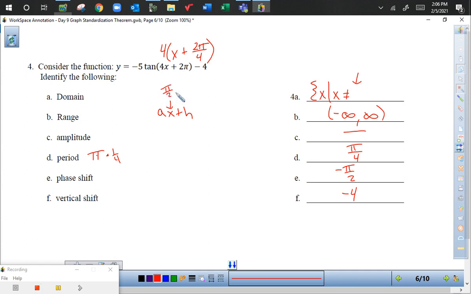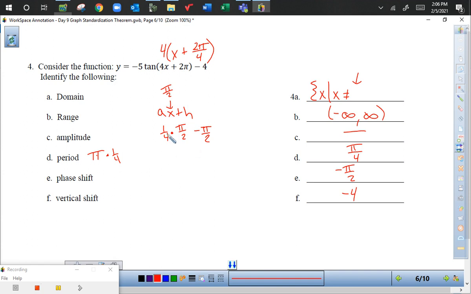So pause the video and try to go find that value. Our a was 1/4, so we're taking that times pi over 2 and then adding the h value. Our h value for this one was negative pi over 2. It comes directly from our phase shift down there. You already did the work for it.